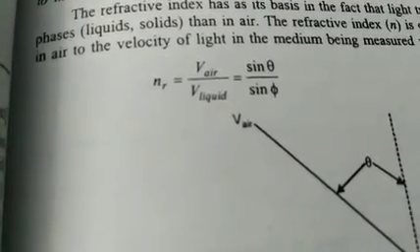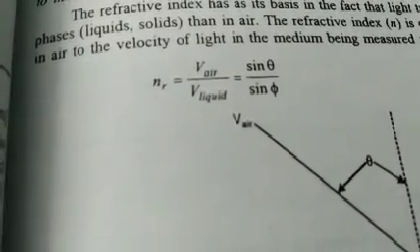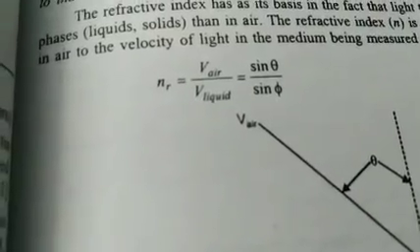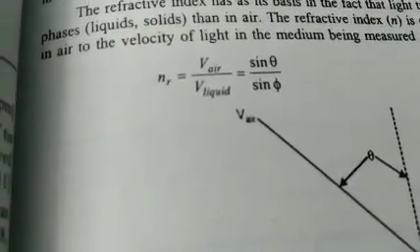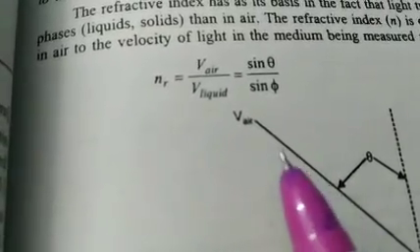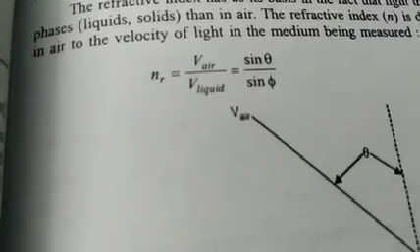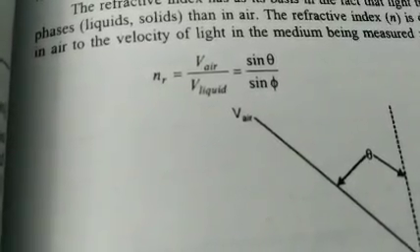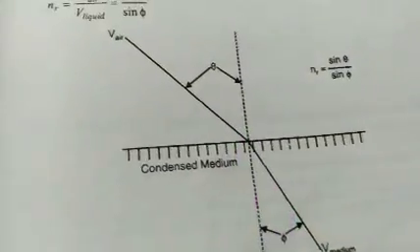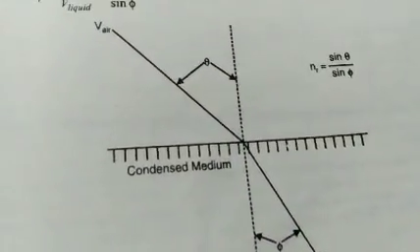We do not measure the velocity of light, we measure the angle. From the measurement of the angle theta, we know the refractive index.